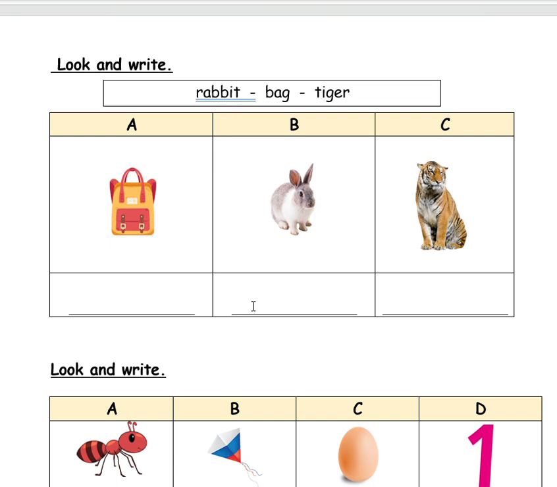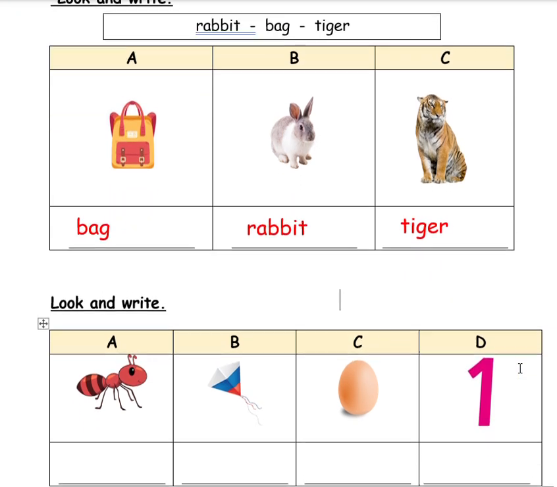Rabbit. So we have here rabbit, and this is the rabbit. So we write here rabbit. Now, word number 2, bag. This is the bag. 3, tiger. This is the tiger. All right, let's move on.